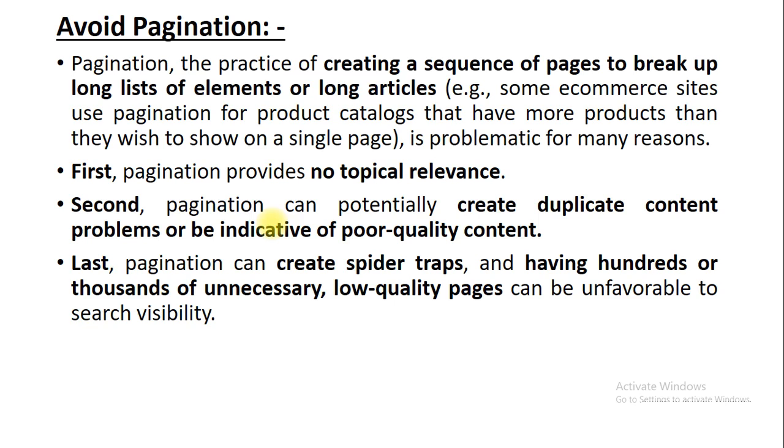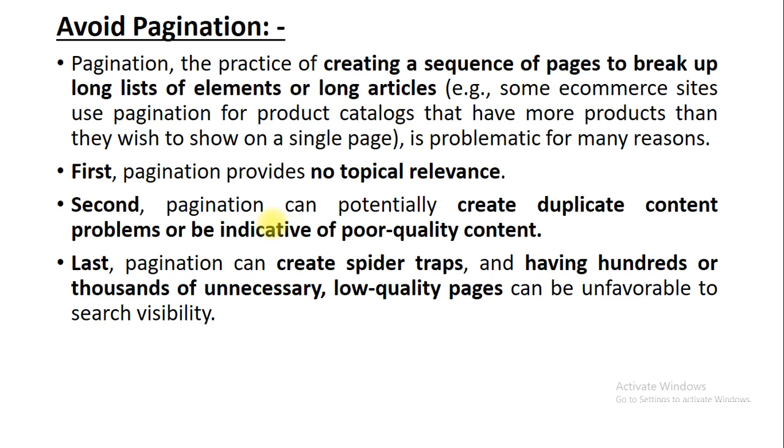When you want to hide your pages from, say for example, the spider or any customer, at that time you can use the concept of pagination, because we don't know what contents you have placed inside those pages.